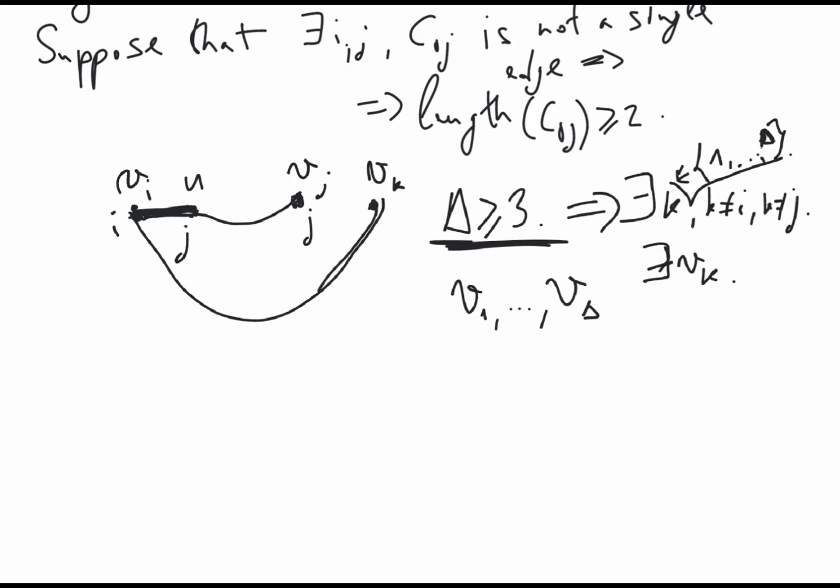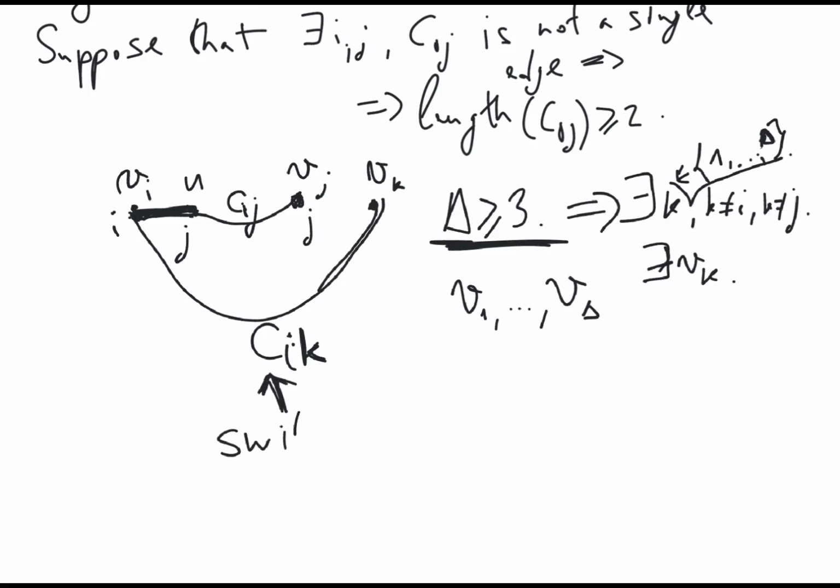This is the path Cik. So we consider this path Cik, and this is the path, of course, Cij.